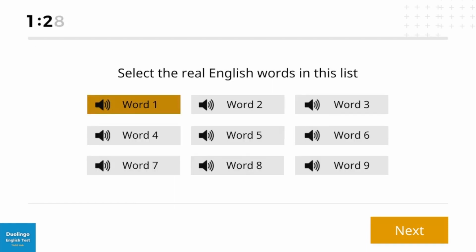Abusive. Abusive. Abusive. Crib. Crib. Crib. Deprive. Deprive. Deprive. Sibling. Sibling. Sibling. Proponation. Proponation.